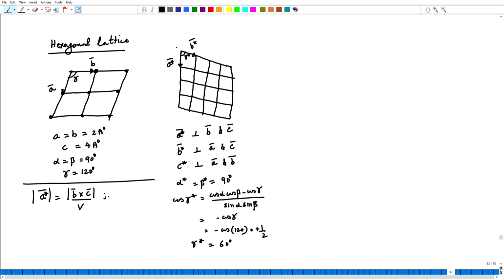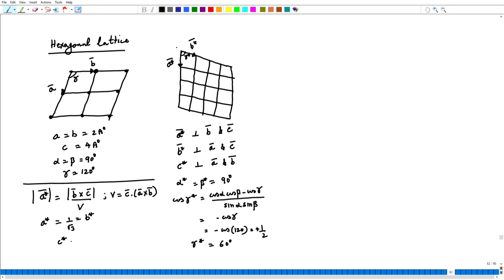And we also know that the volume is simply given as A dot, C dot A cross B. And if I do all this calculation, the magnitude for A star would be 1 upon root 3, and this will be the same as the magnitude for B star.